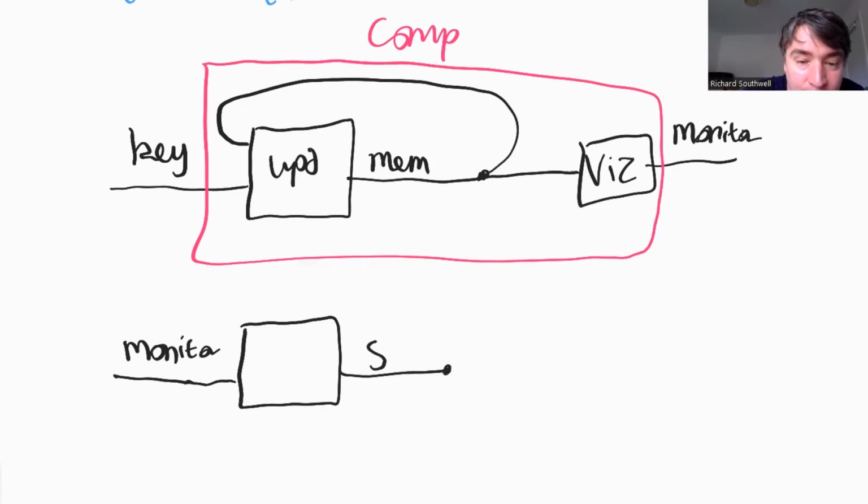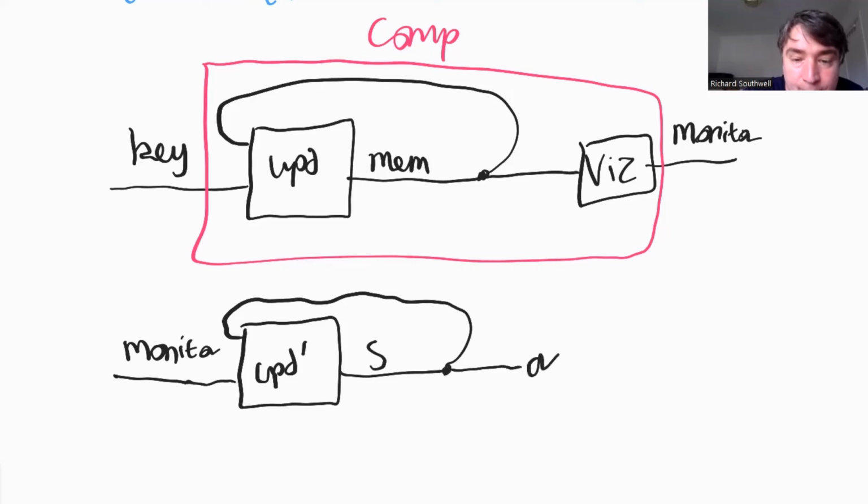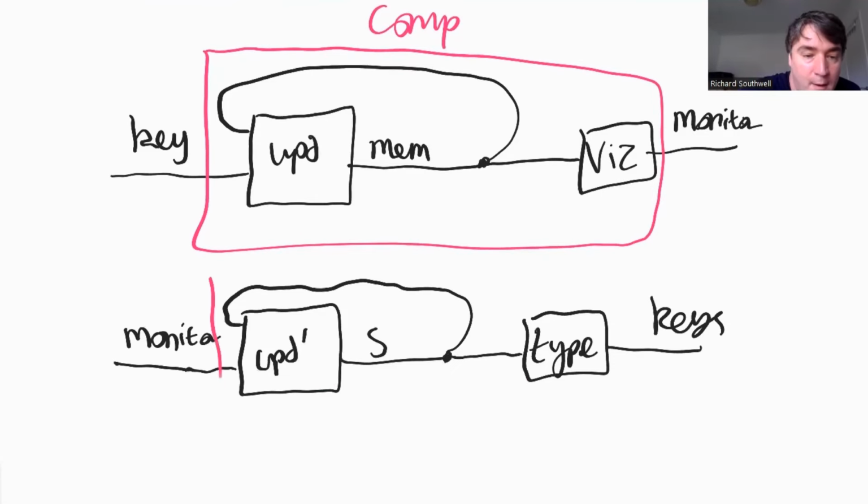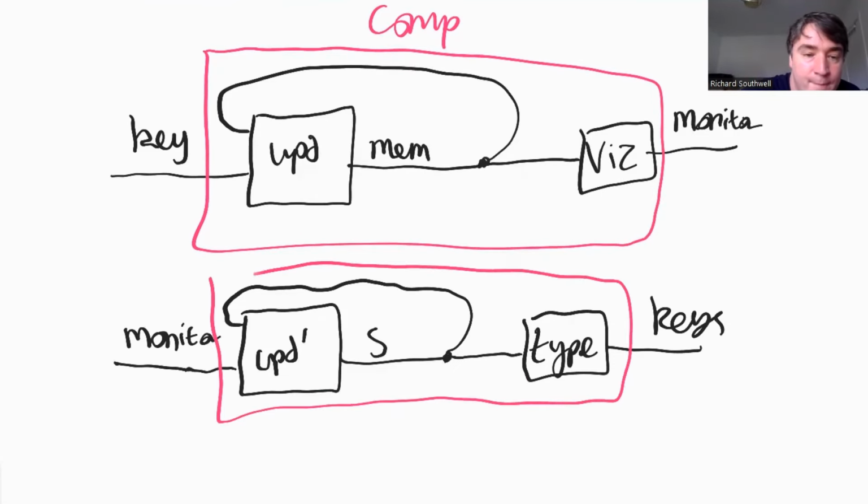So based on the current state of the person and what kind of visualized stimuli they're receiving, their internal state is going to get updated. And then based on what they see, they might press some keys. So we could have something like this. And then we can box this off. This would be our user.